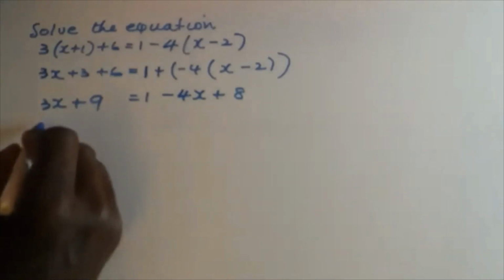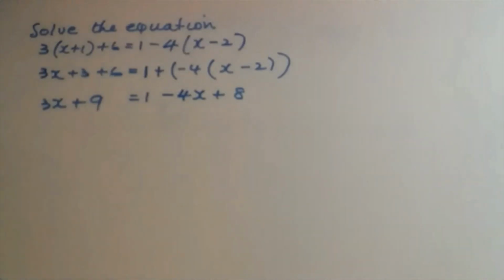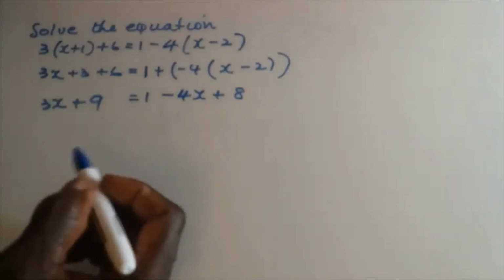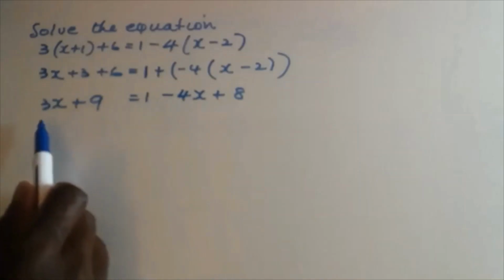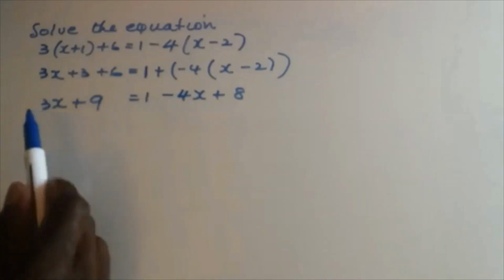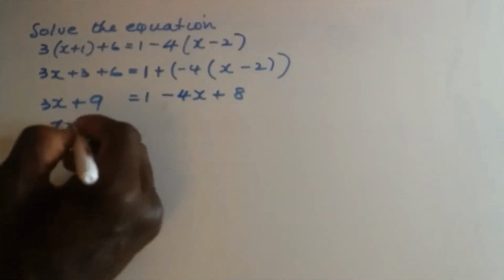Now what we have to do now is to group like terms, rearrange and simplify. So if we add 4x to both sides, we'll get rid of 4x on this side, and it comes here, add to 3x to give us 7x.